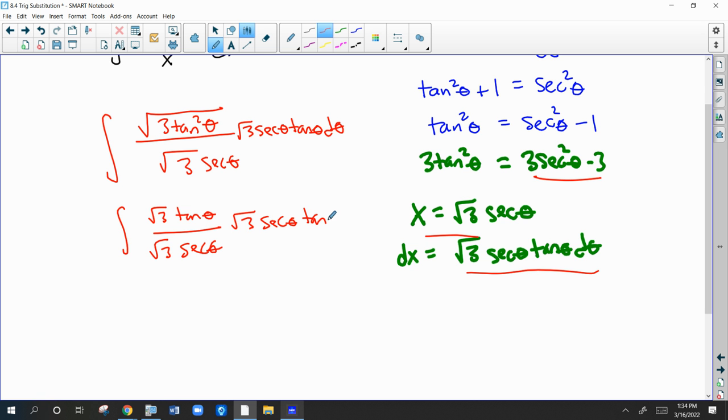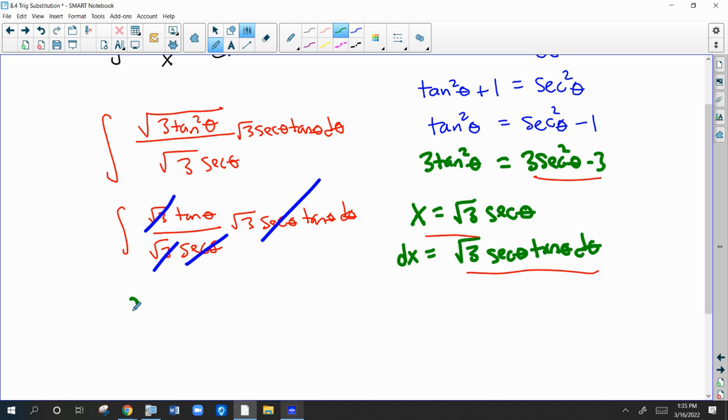So here's where I am right now. Now I'm going to cancel out anything that can cancel. It's all multiplication and division, so go ahead and cancel at will here. Perfect.